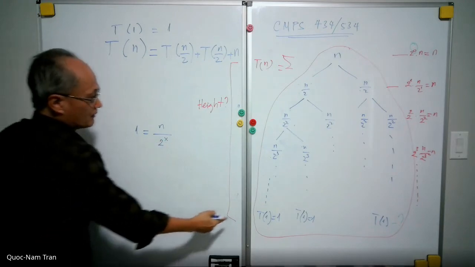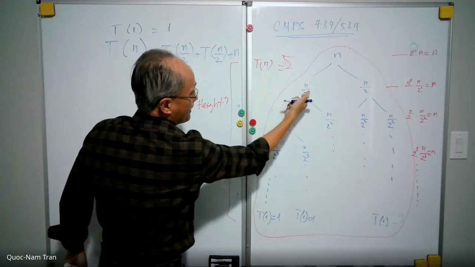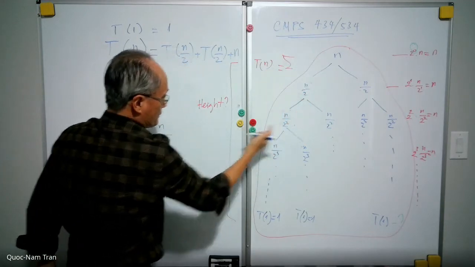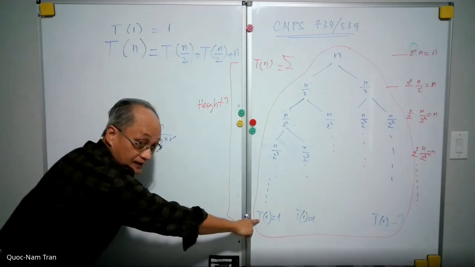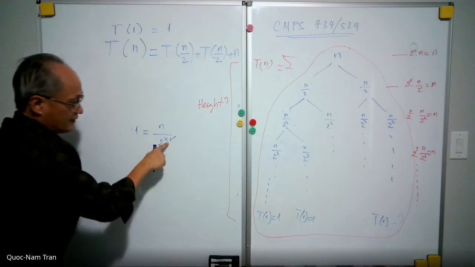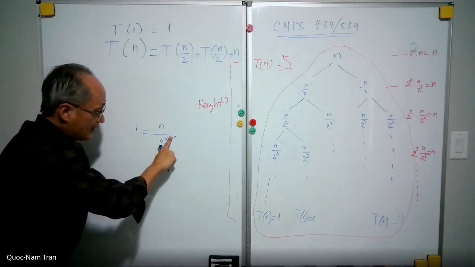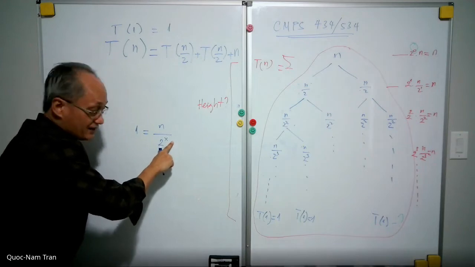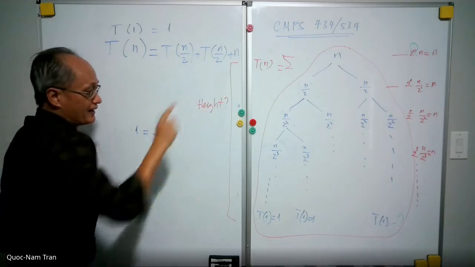Let's say I want to know, remember that here's level 0, level 1, level 2. So I want to know what the level of the last row here is; call it x. It's an unknown value that I have to find, right? So what is the relationship between x and n?